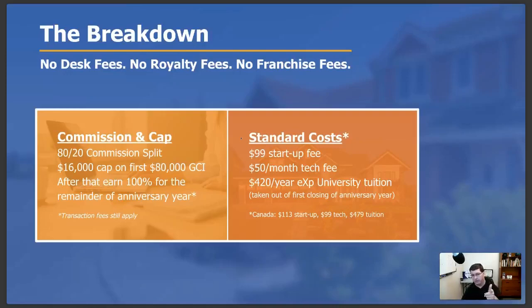Flip that over, other side of the coin. Make sure that when you're doing your due diligence, you compare this as well to see if eXp is the best fit for you, and especially for the 100% splits. Me personally, as an entrepreneur and as a business owner, I want and need my broker to do certain things.